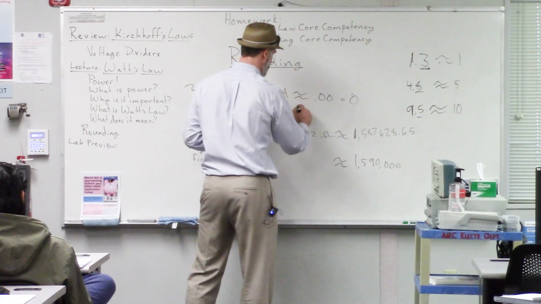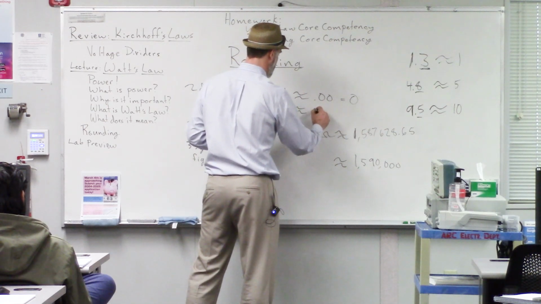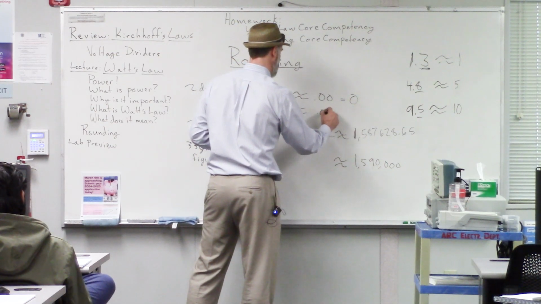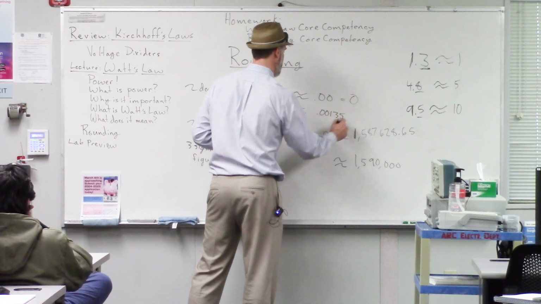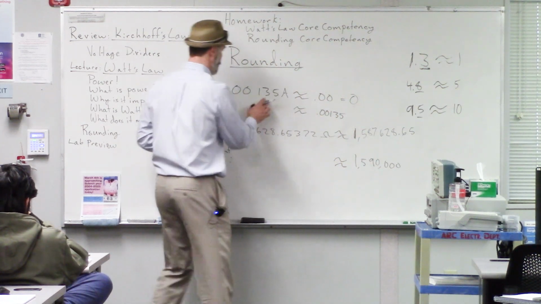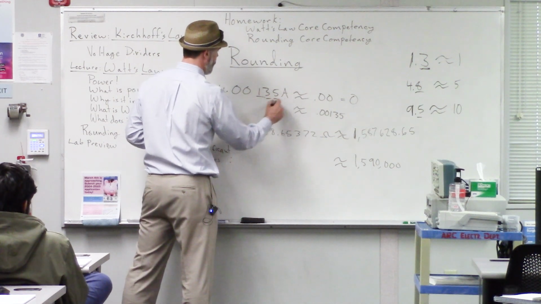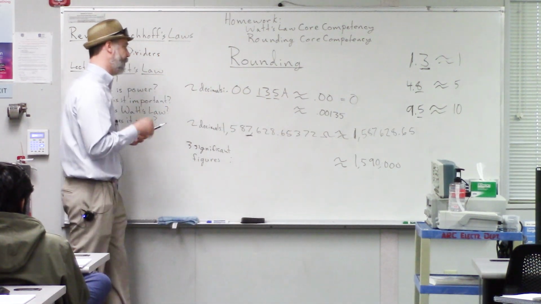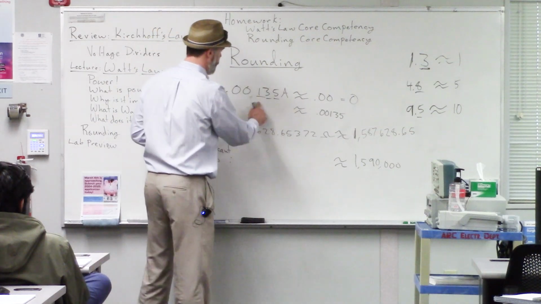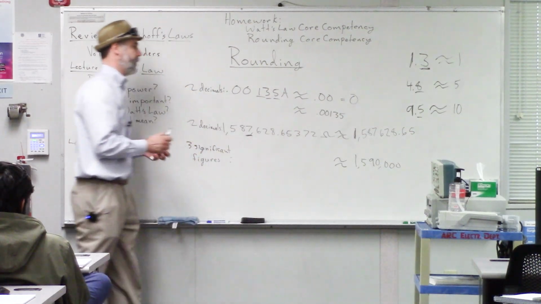So this would be approximately 0.00135. So there would be no change. We would keep that whole thing because we want to keep three significant figures, and those are the three significant figures, okay?